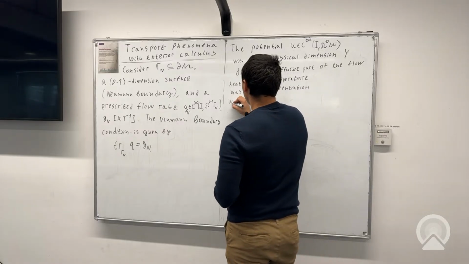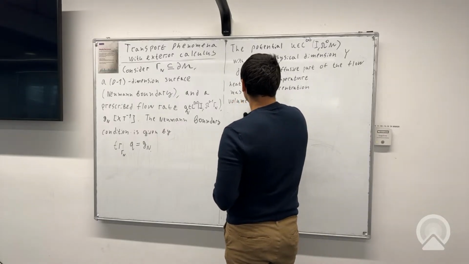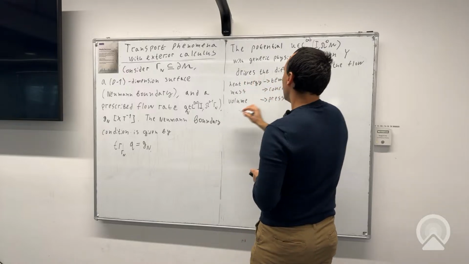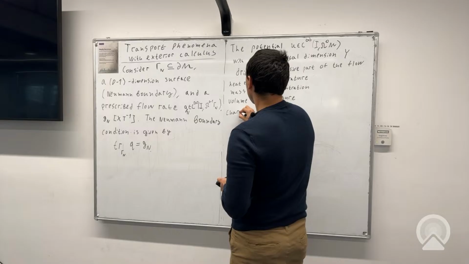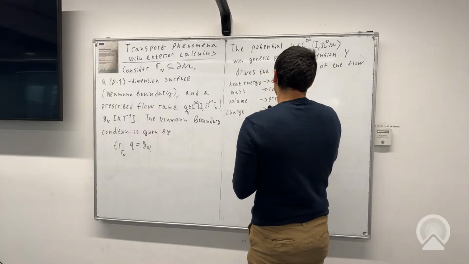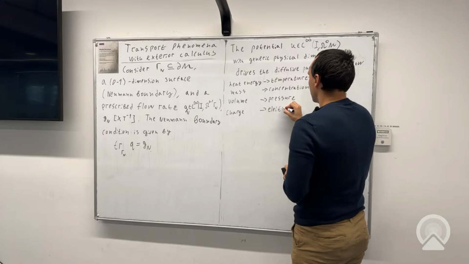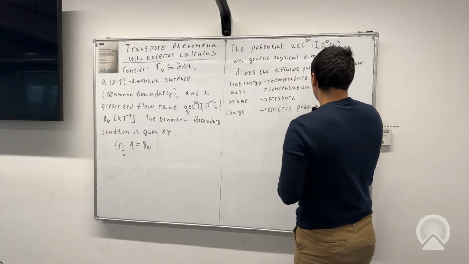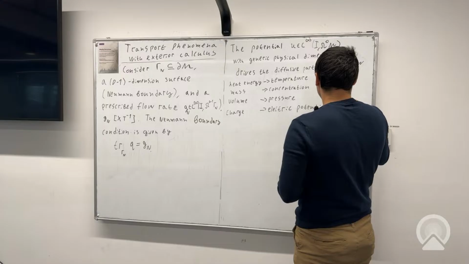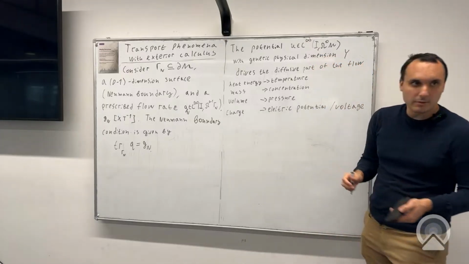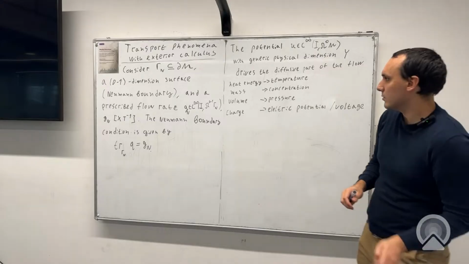For volume, we have pressure. And for charge, we have potential, electric potential, or voltage. Okay, let's go with electric potential / voltage. So this is what drives the diffusive part of the flow.